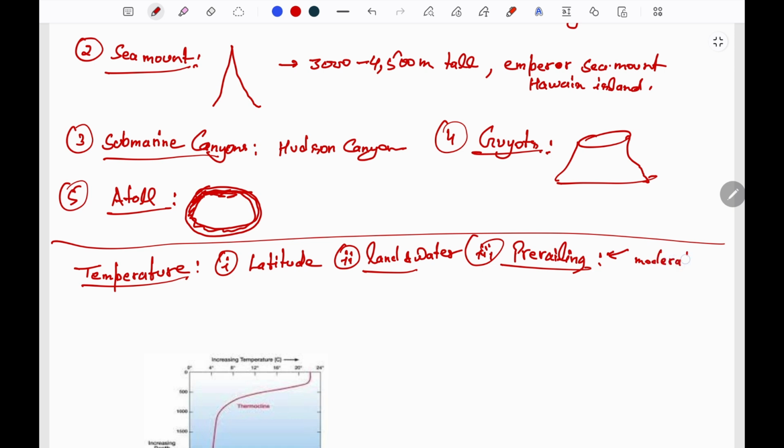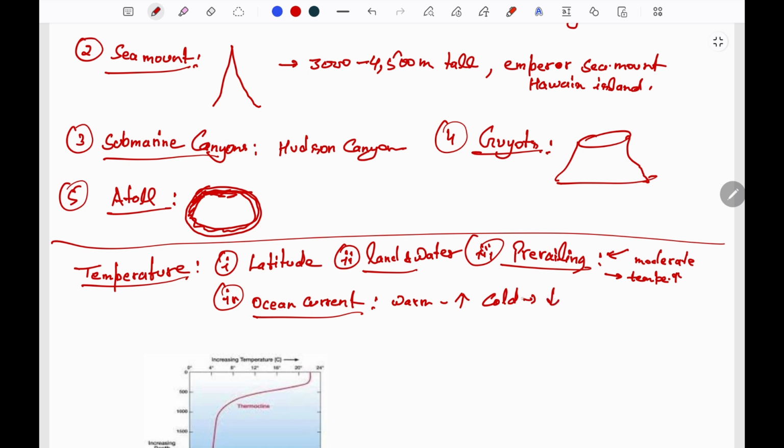That is, temperature will be low, and if the wind is moving towards the coast, then it will increase the temperature. Next come the ocean currents. If there is presence of warm ocean currents, then the temperature will be more, and if cold current is present, then temperature will be less.